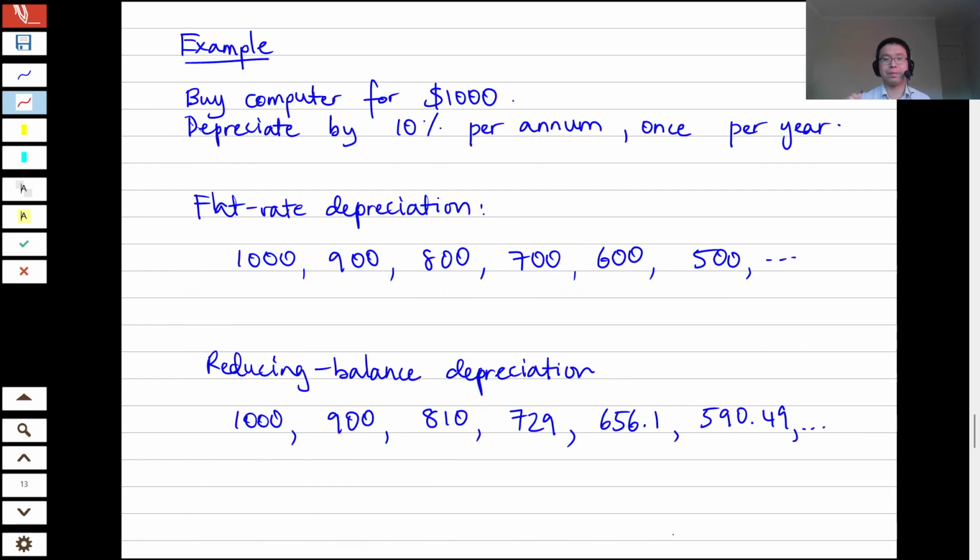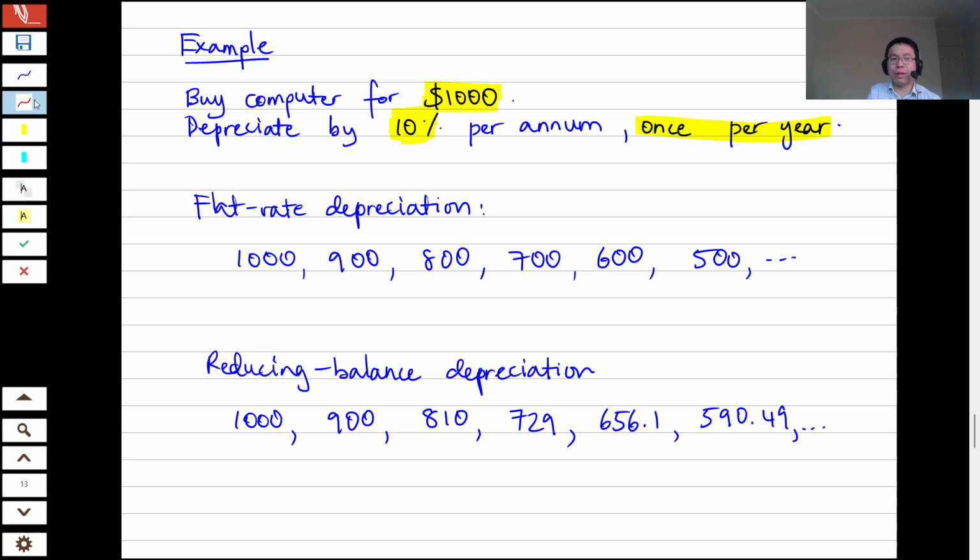All right. I've just got two examples. So in this first example, I'm going to do the same thing that I did when we compared simple interest and compound interest. So here's an example. Suppose I buy a computer for $1,000 and I depreciate it by 10% per year, once per year.